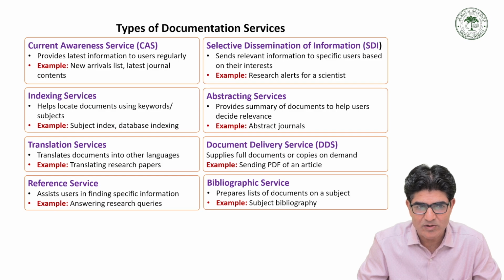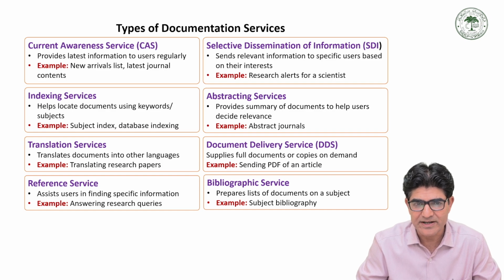We have already discussed translation services. That is, if the document is not available in the desired language, then it needs to be translated and provided to the users. Then document delivery service means that if the user is interested in a full document after consulting the indexing and abstracting services, a user may send a request for the full text of that particular article.